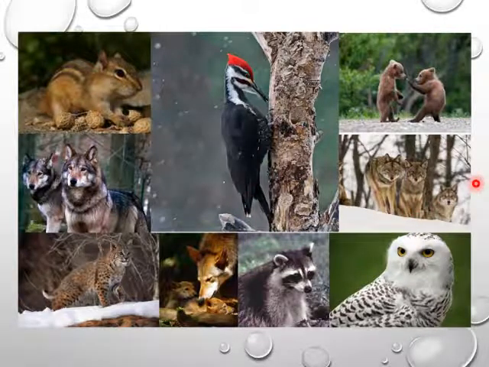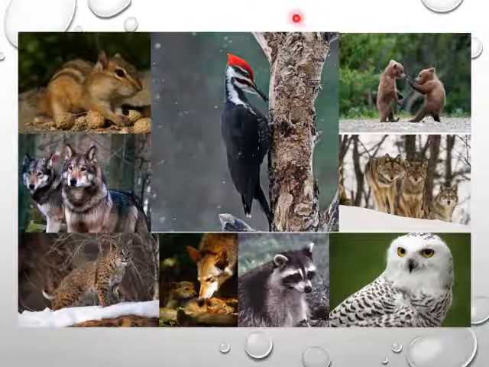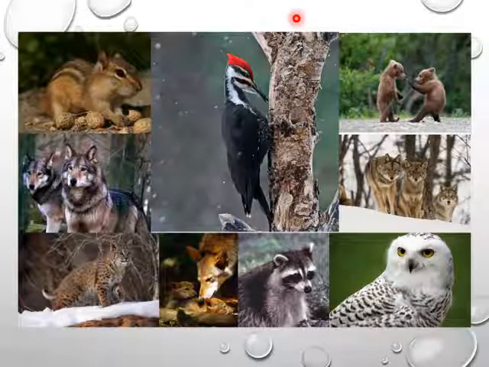And you will find that animals like the squirrel and the raccoon are excellent tree climbers, because they build their shelters up in the trees. So this is all the information about the deciduous forest.